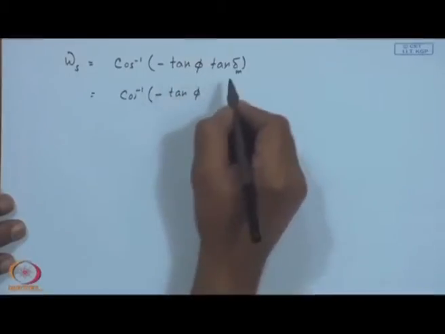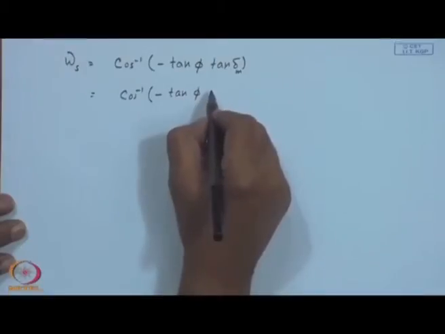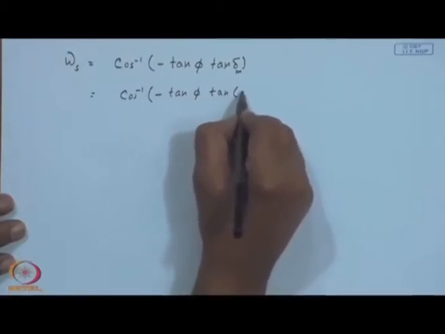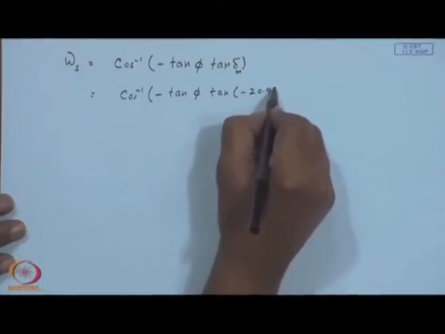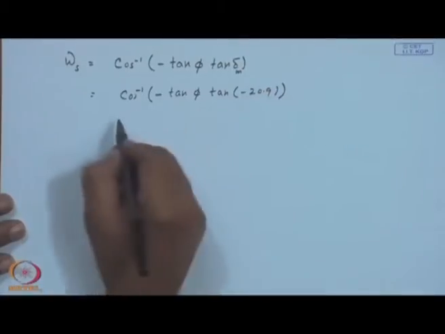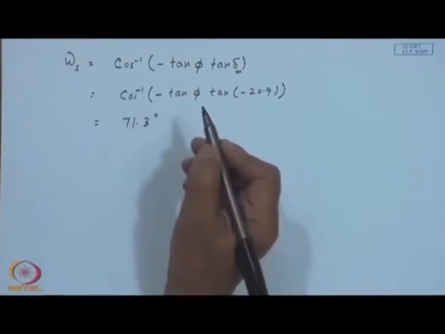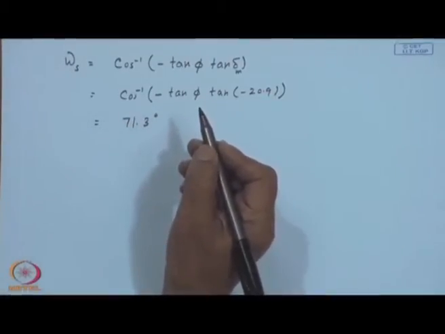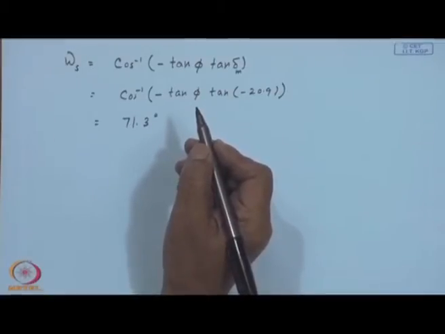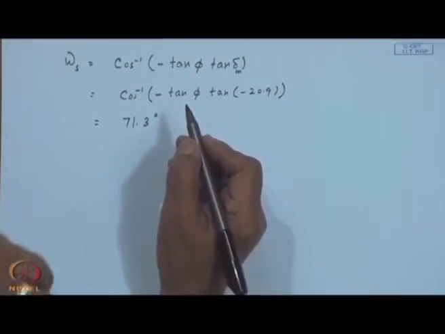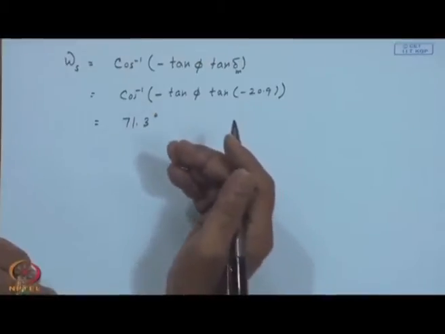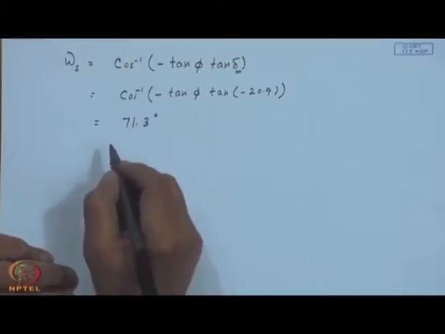So, even if you forget the subscript, it means it is a single number in this problem. This comes out to be 71.3 degrees. So, this is lower than 90 as can be expected at fairly high latitude, and in January it will be less than pi by 2, lower value.